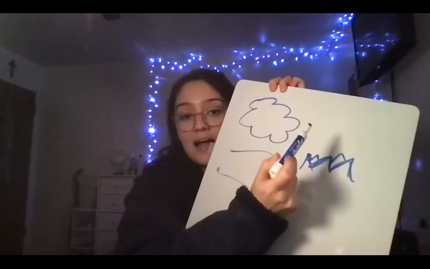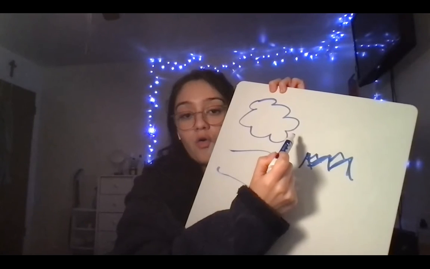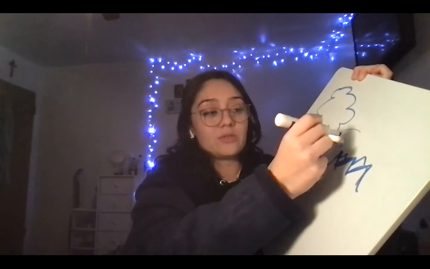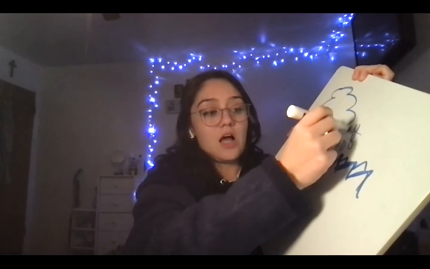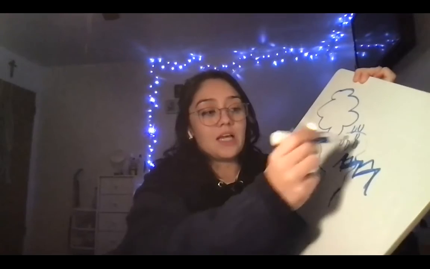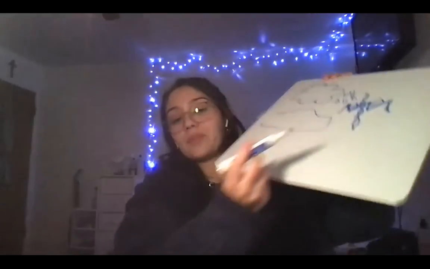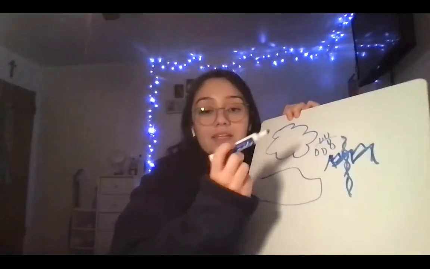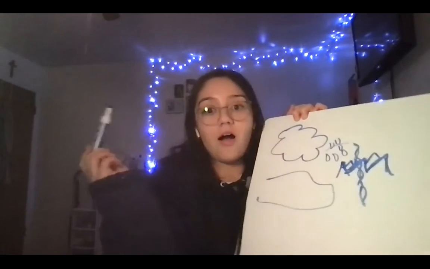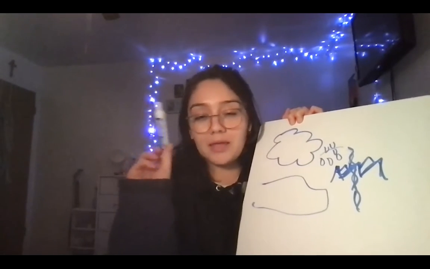As this cloud travels over these mountains, it's going to rain a lot and precipitate a lot. So this side of the mountains is going to be very lush and hydrated and green. By the time the air from this side of the mountain gets to this side, all of the water is going to be used up. There's not going to be anything left for this side of the mountain, so it's going to be all dry, like a desert. Yeah, I'm not drawing anymore.